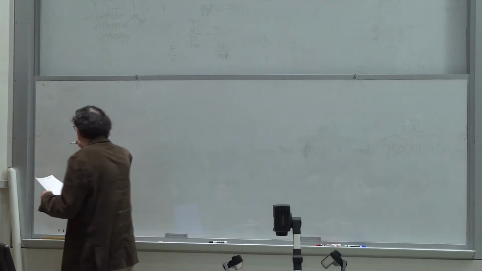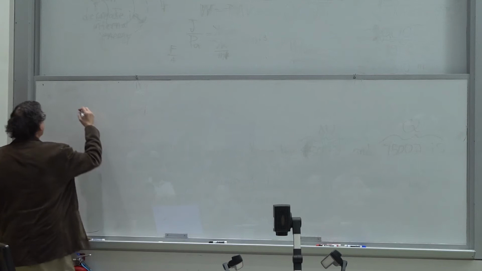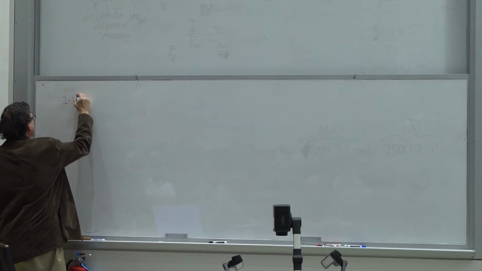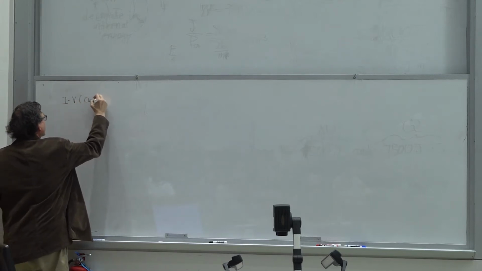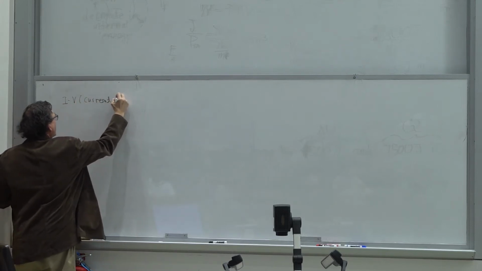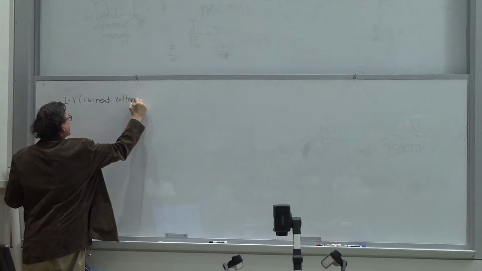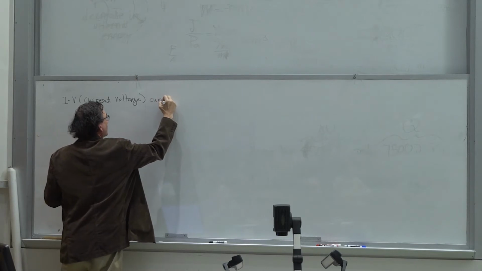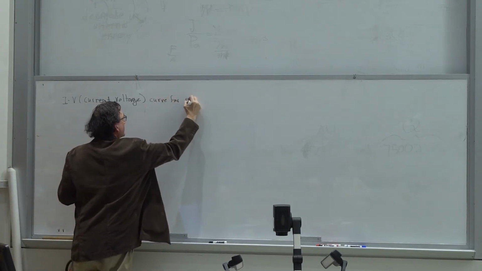So the last lecture we left off was we finished off talking about the IV, which we call current-voltage characteristics, the curve for a PN diode.